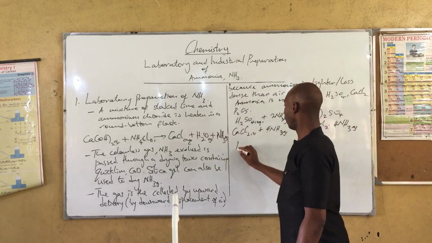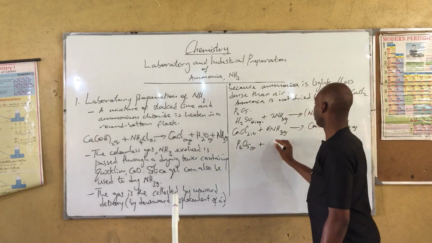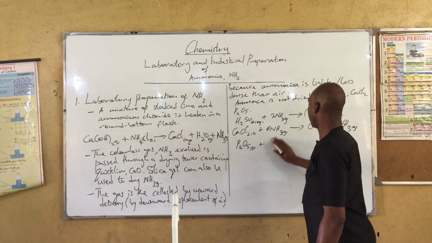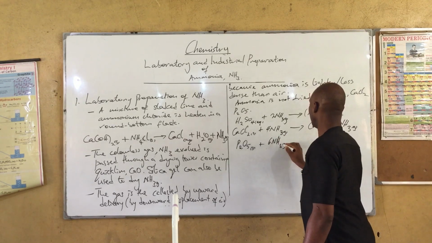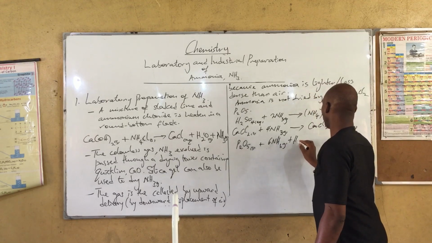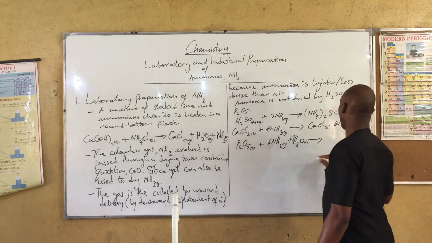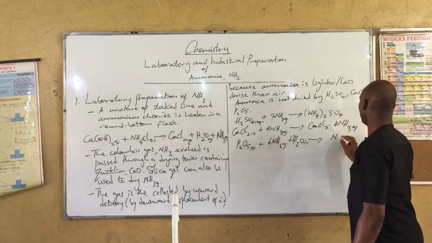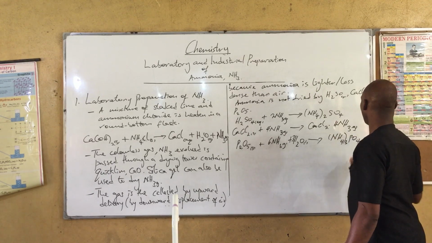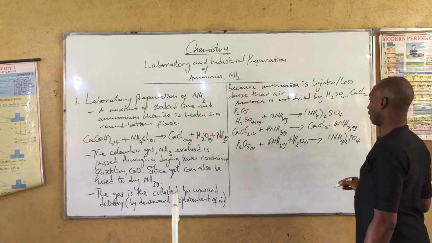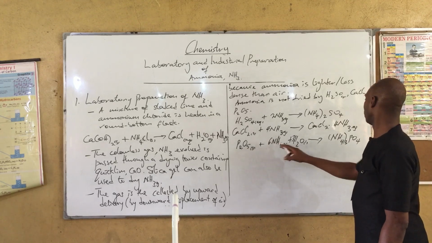If you use phosphorus five oxide to dry ammonia, in the presence of 6 moles of ammonia and 3 moles of water, you end up having ammonium tetraoxophosphate five.